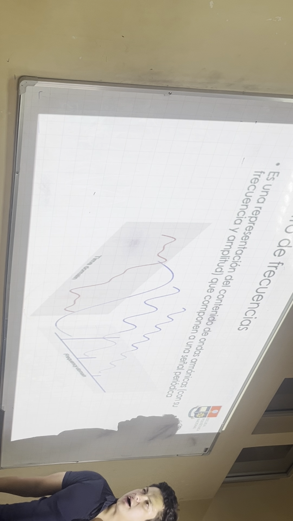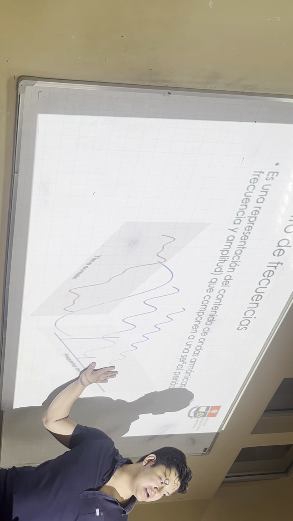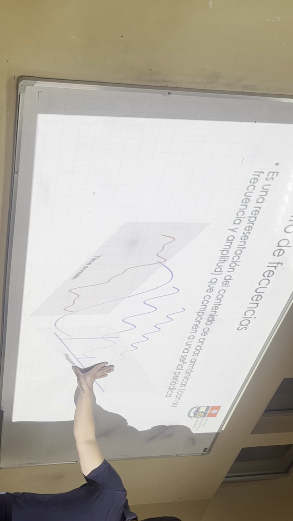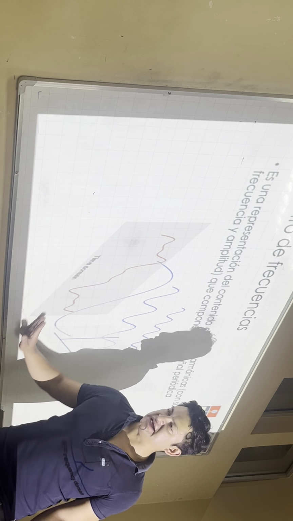And this is by far the most important concept in analysis of vibrations, which is the spectrum. Right? A good engineer who happens to say that he has some expertise in vibrations, it's because he or she handles this. What's the meaning of this? Look at this curve in the time domain.